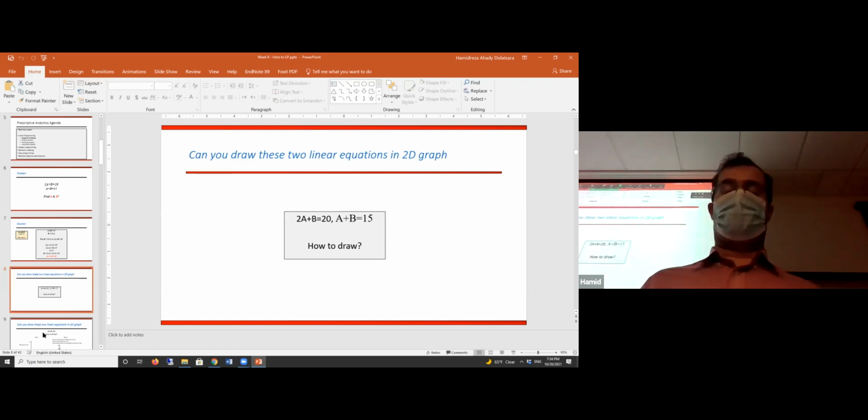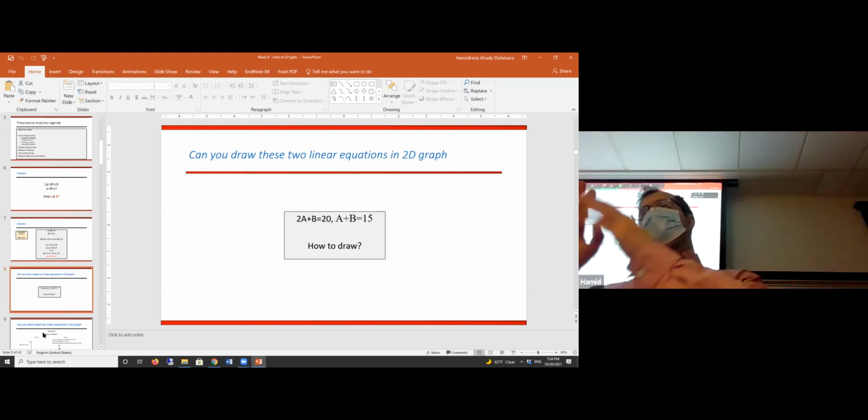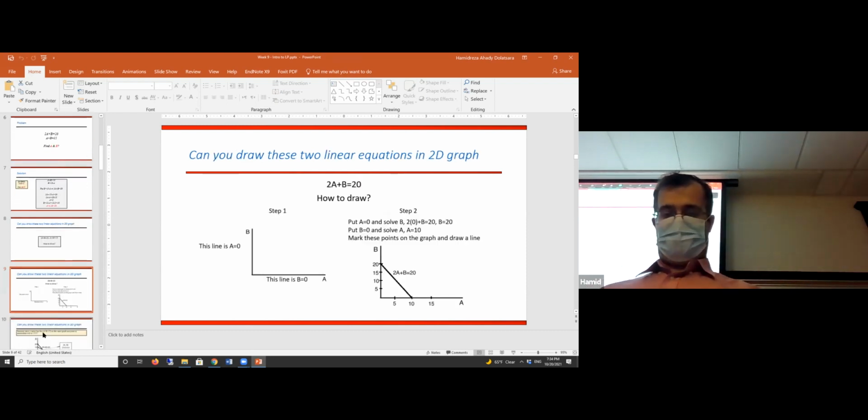When you want to draw on a piece of paper, maybe your X could be A, your Y could be B, and you draw a line, or vice versa. Here A is the X axis.